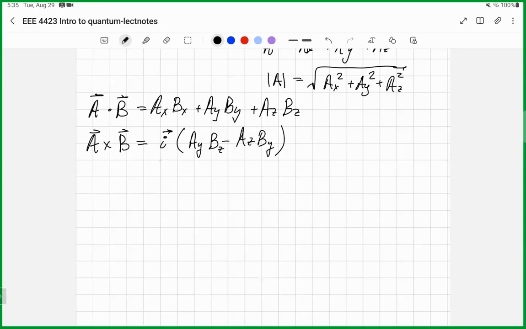This is x, y, z, but then z, y, and then it works the same for all the terms.